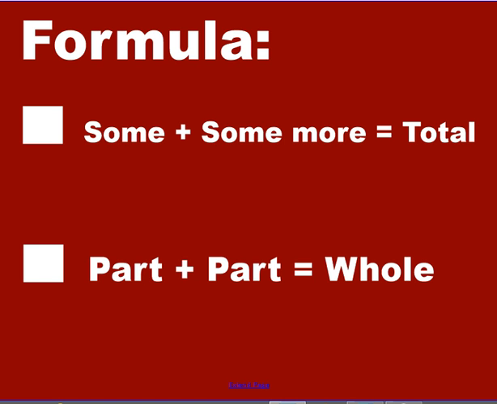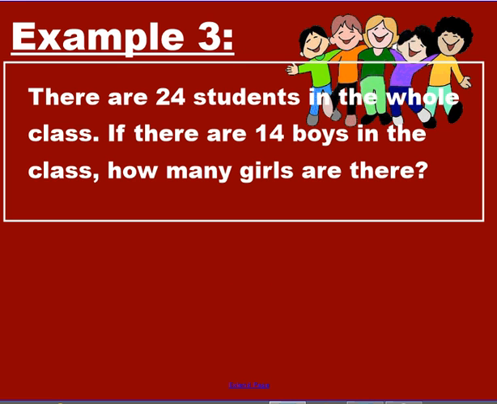We're going to look at example 3, and it's about a whole class that's divided into 2 parts. So a part plus another part is going to also equal a whole. There are 24 students in the whole class. If there are 14 boys in the class, how many girls are there?